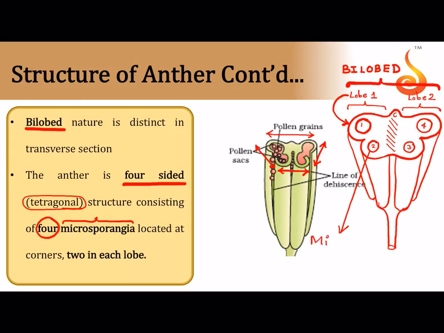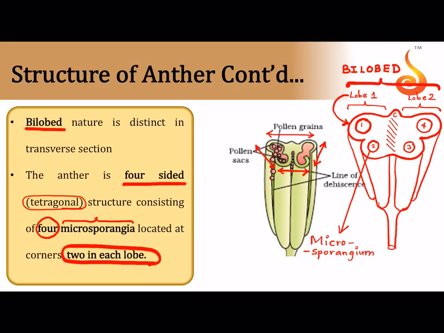But now we know that each chamber or compartment or case that is located inside the lobes of the anther is referred to as a microsporangium, and here it is clearly shown that there are 2 microsporangia in each lobe of the anther.